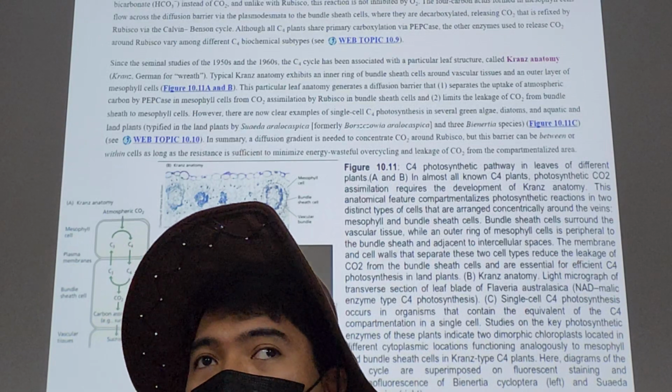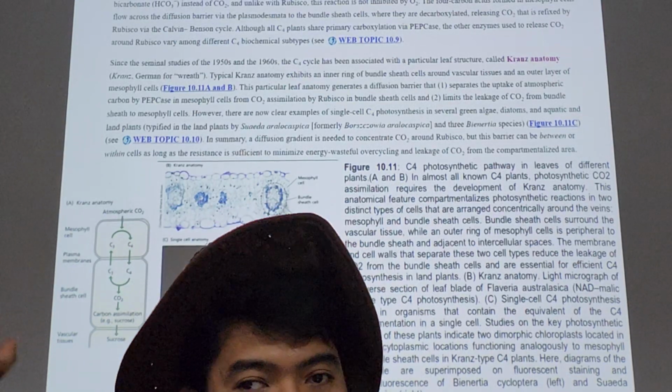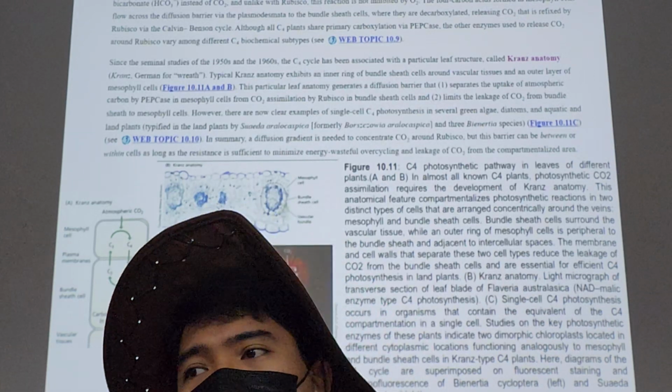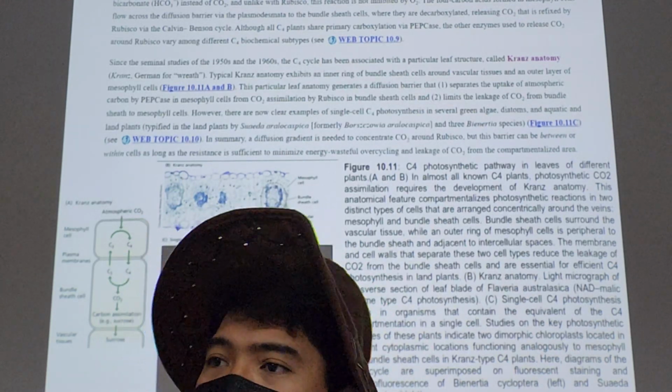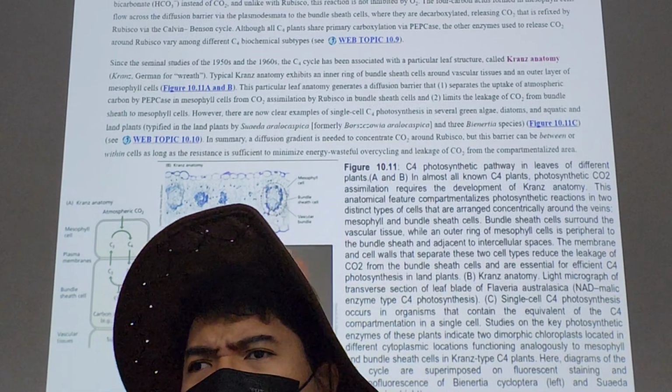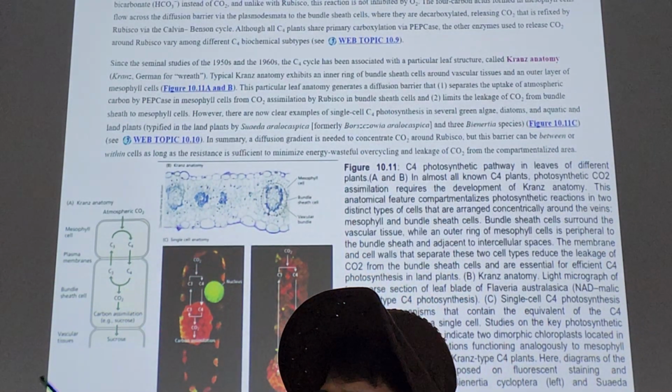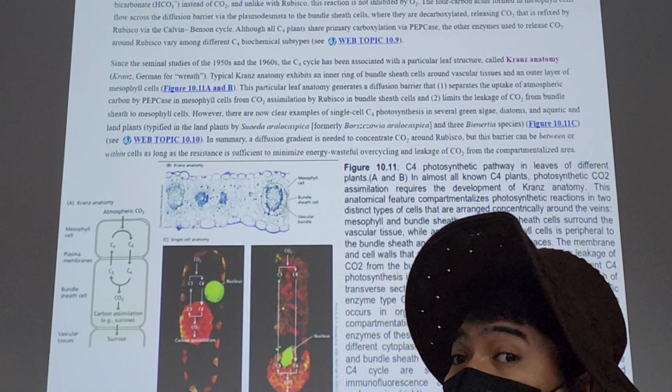So this is why Bill Gates and many other teams in the world are looking very keenly to change C3 into C4 plants. But of course, this is not easy. You can see, you need to worry about the structure first. If the structure is incorrect, you're not going to get it.